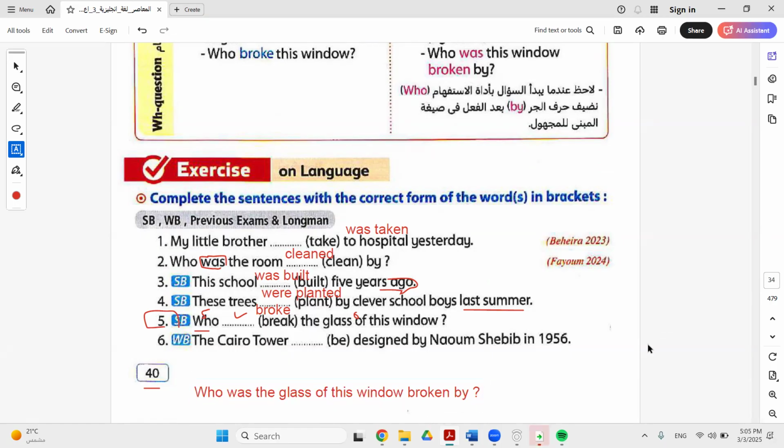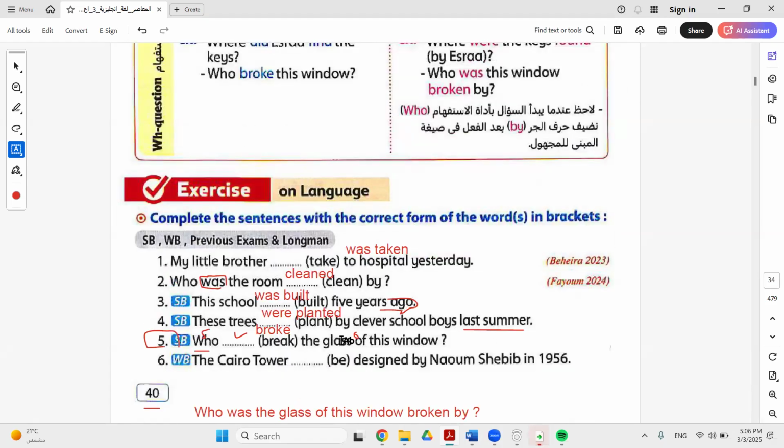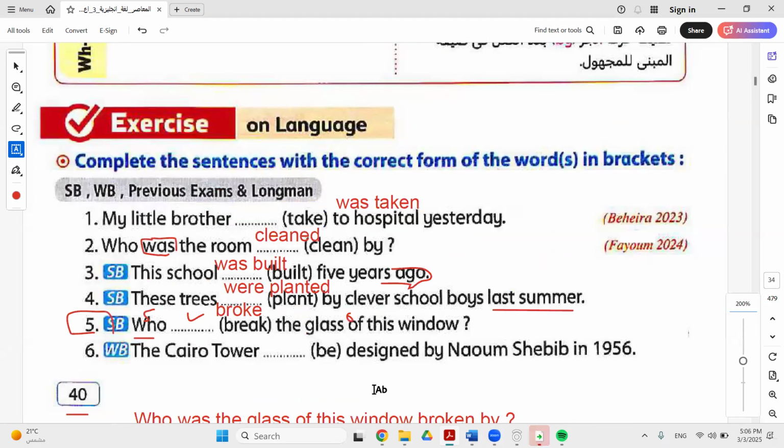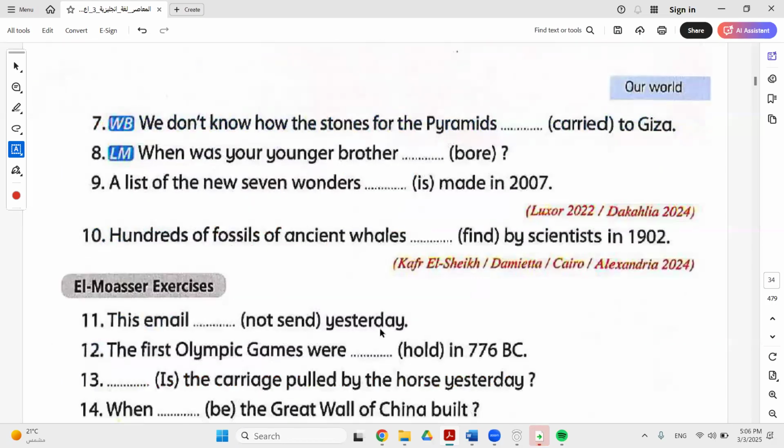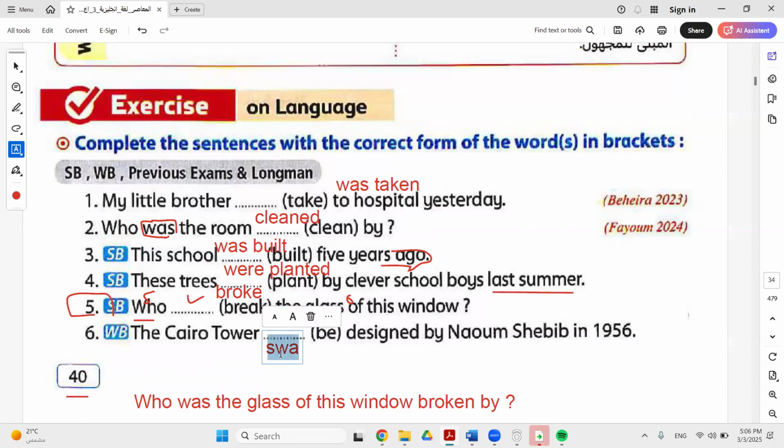Number 6. Rodina Said. The Cairo Tower was designed by Naum Shabib in 1956. Was designed. Good.